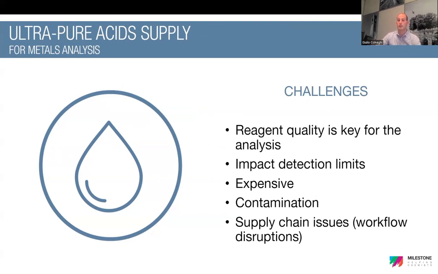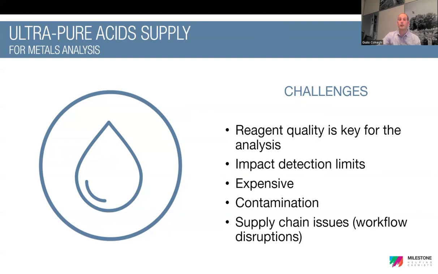It is also an expensive reagent and an expensive part of the process. And when you think about the routine of an environmental contract lab, it can also be contaminated during the different handling of the bottle.